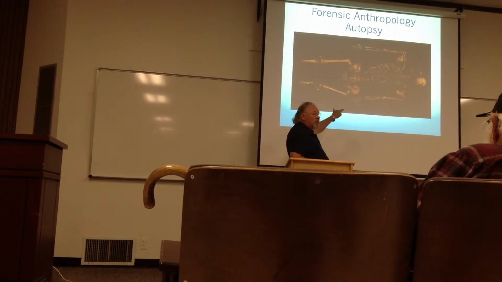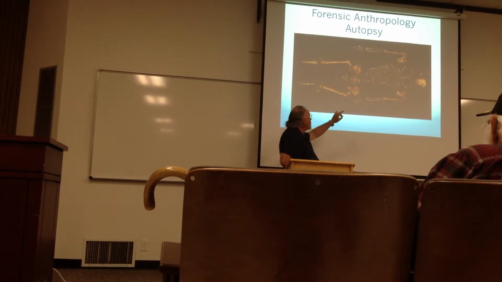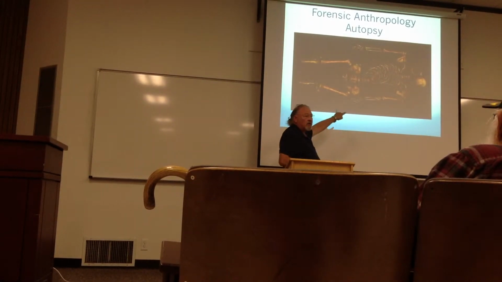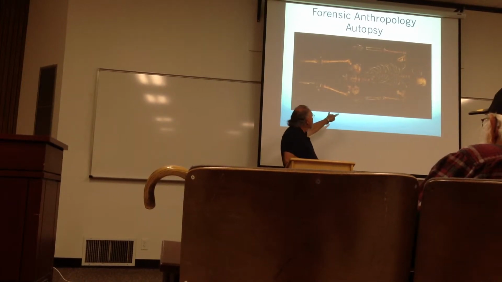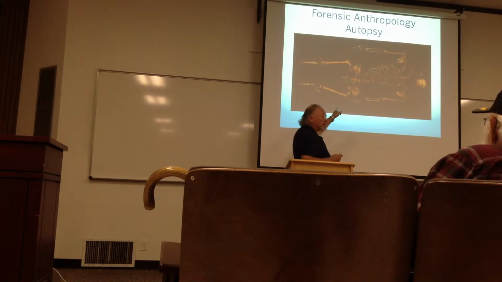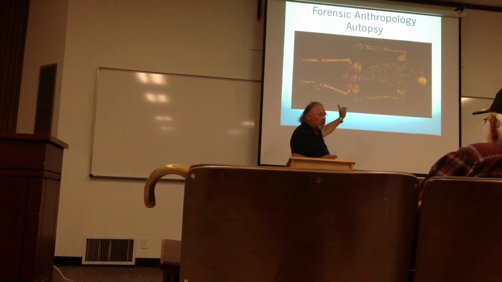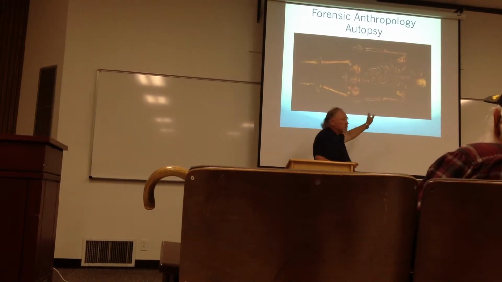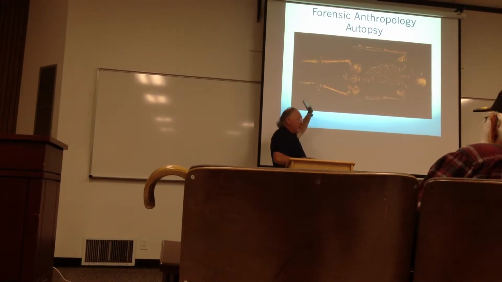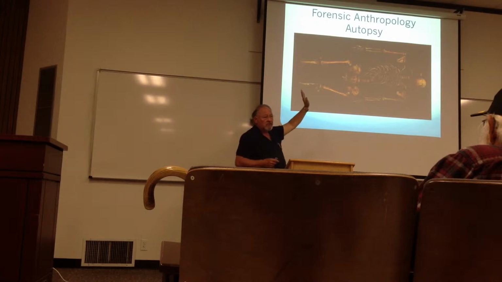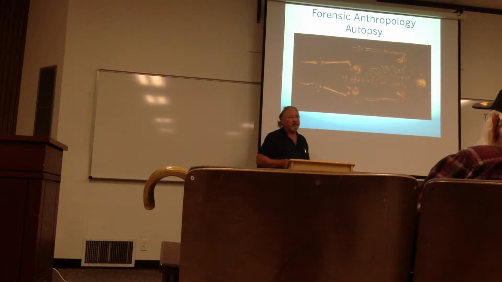stature of the individual even though we don't have feet, because we have good estimates of stature from femurs. We have the femur that gives us a pretty good estimate of how tall the person is, and the arm bones also will help. The tibiae and fibulae are gone, the ends are gone, so we can't use that very well.